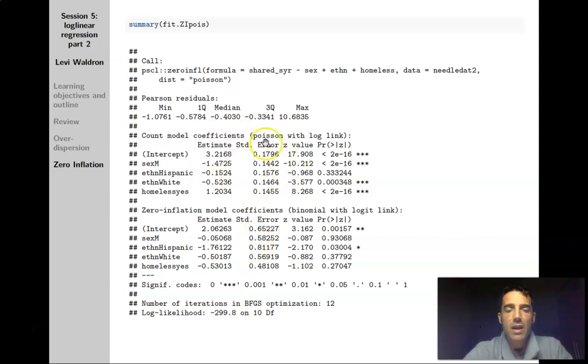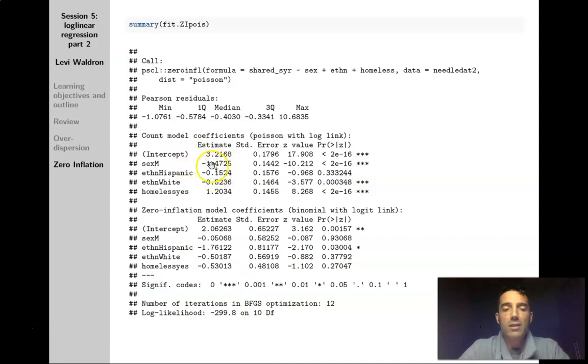We've fit a count model and we fit a zero inflation model, and each of them has their own set of coefficients. So this actually is pretty weird, and it becomes pretty hard to interpret these coefficients now, because you actually can't just interpret these coefficients as we have before.